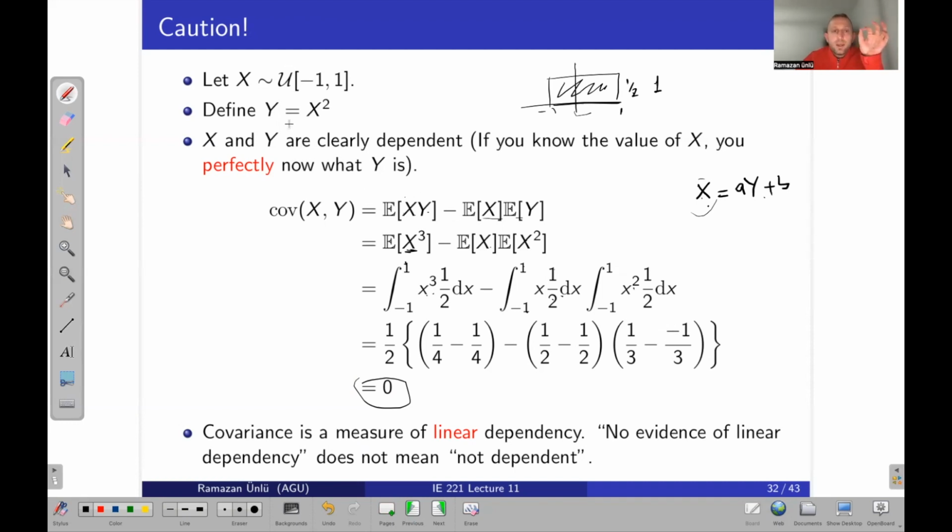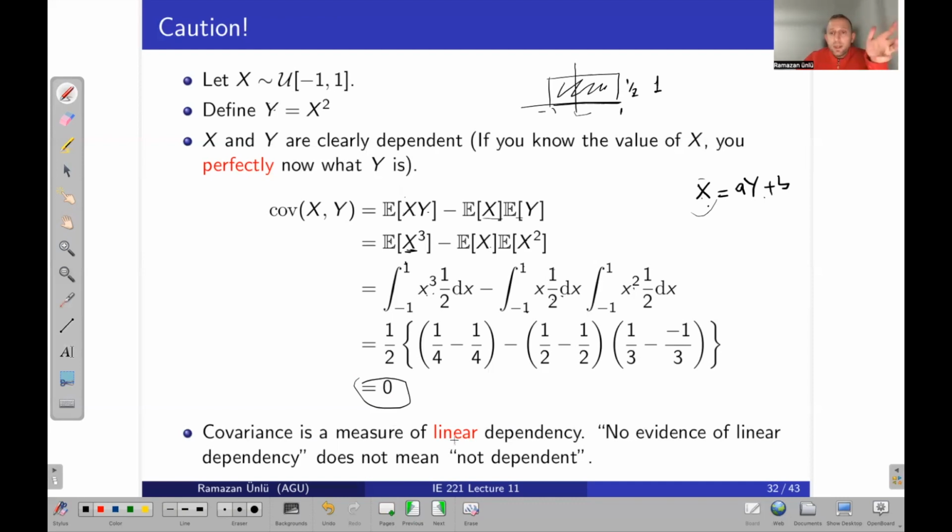Here, x and y are dependent, but they are not linearly dependent, because y is equal to x squared. They are quadratically dependent. You cannot define y as a linear function of x. That's why we got 0.